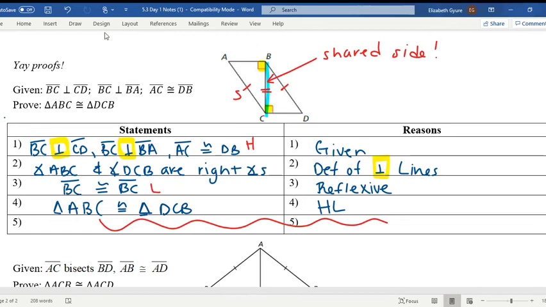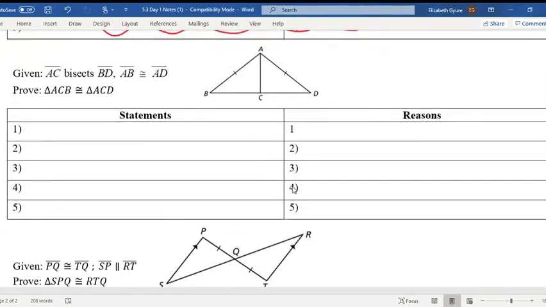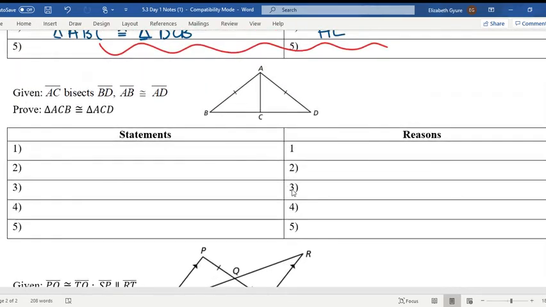All right. Hypotenuse leg ones can sometimes be a little bit tricky. This next one should be easier. Here we are given that segment AC bisects segment BD, and that segment AB is congruent to segment AD. That is given.